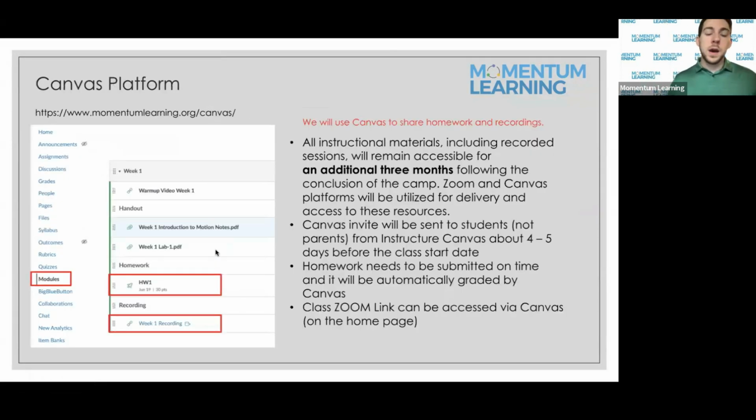All right, so I am going to show you what a real course looks like because I'm going to demonstrate how things are organized. This is kind of like a snapshot so you can see all of the course materials on Canva are organized by week. Within each week, you'll usually see a warm-up, any handouts such as notes and lab sheets, and then a homework assignment, right?